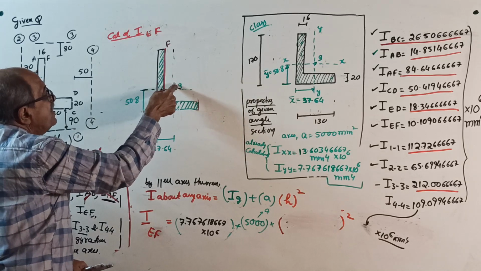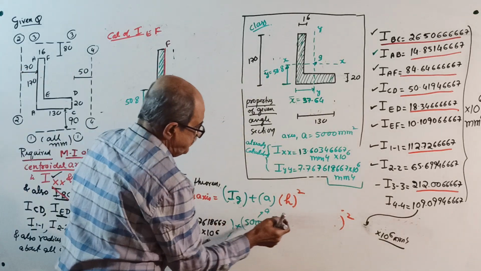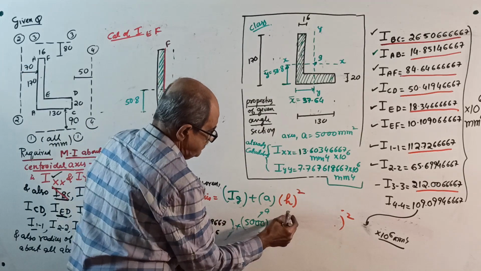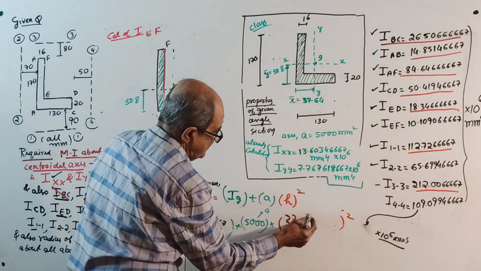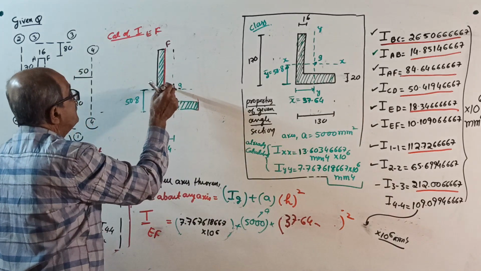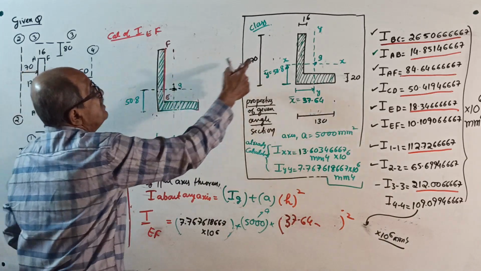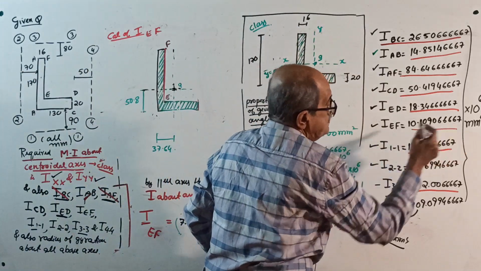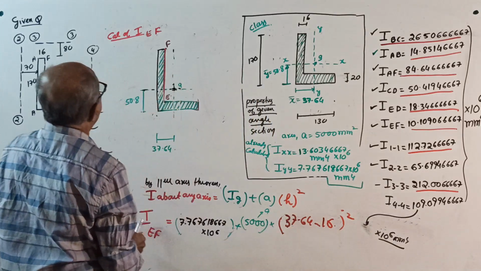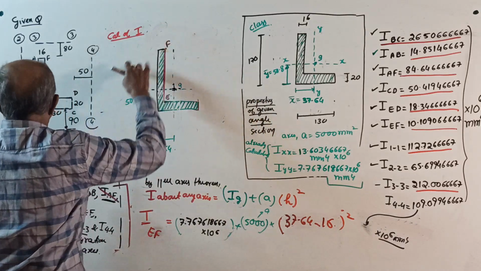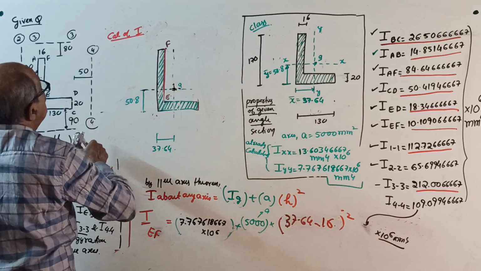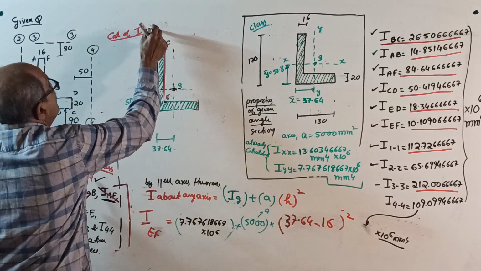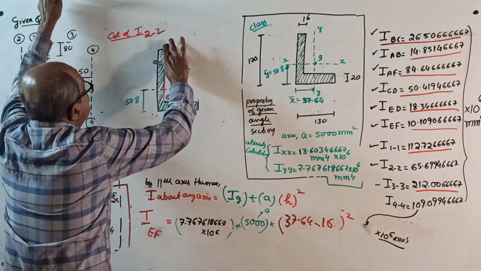This distance is 37.64 minus this thickness, 16, whole square. That answer will come.